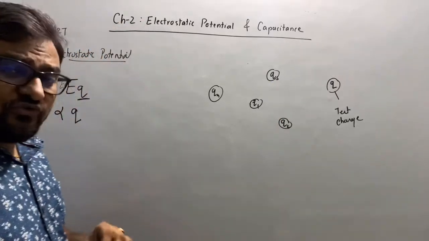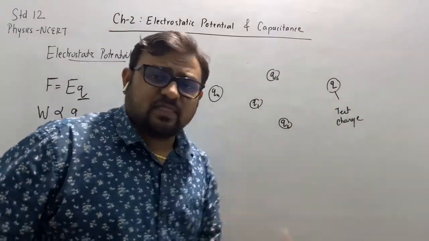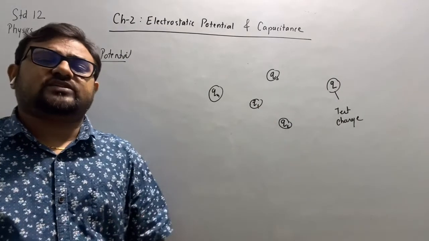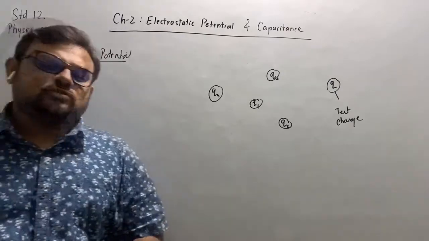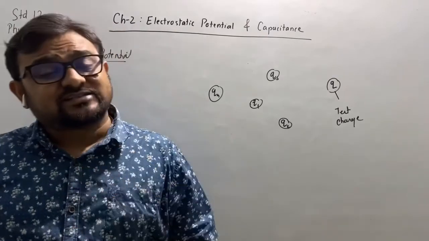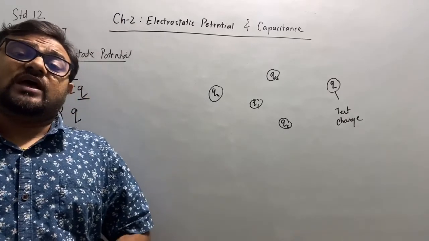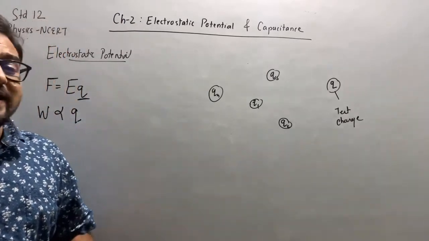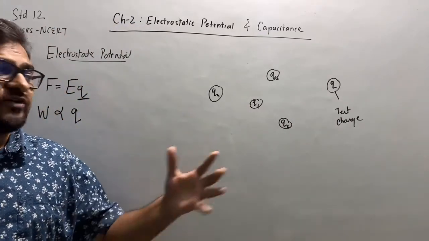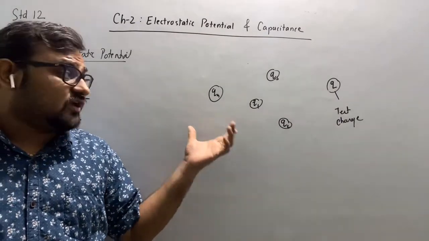But if I want to find the potential, the quantity that is independent of this charge, then I must divide the work done by charge Q. When we divide by Q, the resultant quantity will be independent of Q. In other words, it depends on the electric field of this static charge configuration.